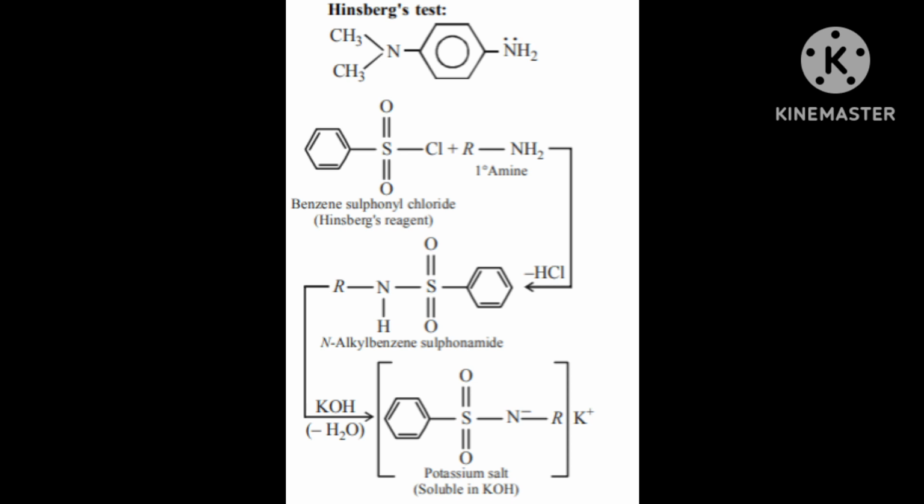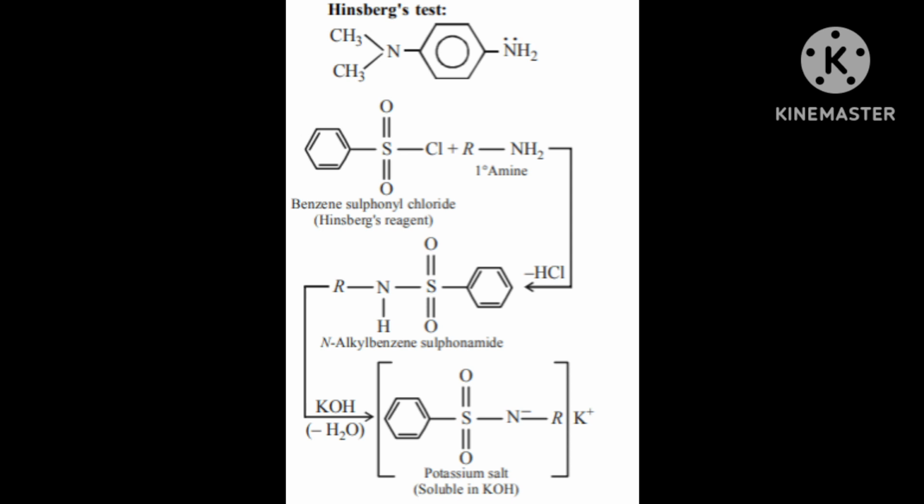Primary amine here means C2H5NH2, where only one H out of three is replaced with ethyl. Now it became NH2C2H5. How will these two react? Benzene sulfonyl chloride plus NH2C2H5.